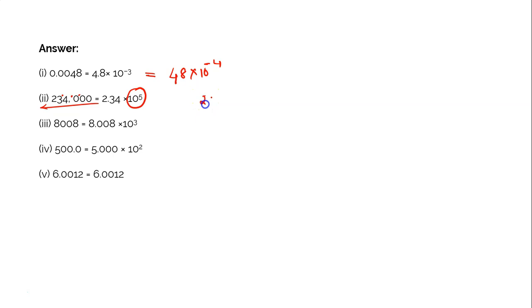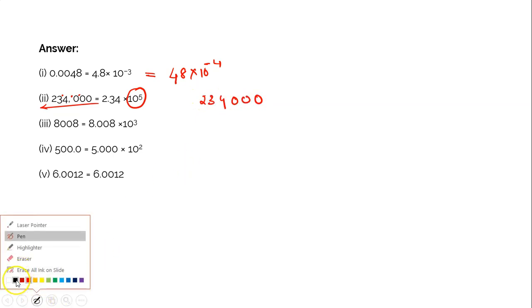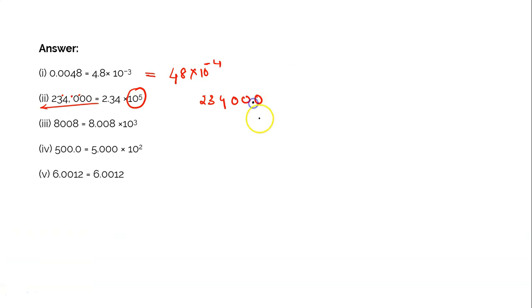In 234,000, initially I have moved the point by 1 decimal, so it is 10 to the power plus 1. Moved by 2 decimals, 10 to the power plus 2. 3 decimals, 10 to the power plus 3. 4 decimals, 10 to the power plus 4. 5 decimals, 10 to the power plus 5.